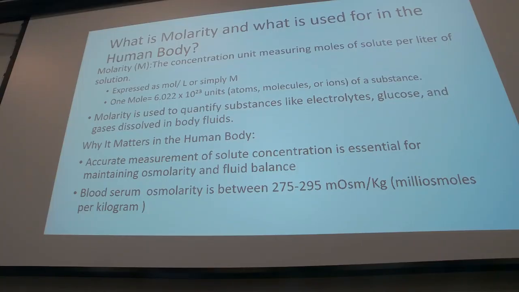And it's a large number. Or it can be a molecule or it can be an ion. Like it can be a hydrochloric acid solution, 1 molar. So it has 6.022 times 10 to the 23rd molecules of hydrochloric acid or HCl.